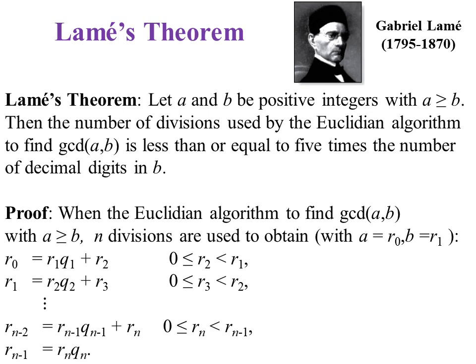Similarly, R1 will be expressed as R2 times Q2 plus R3, where R3 is the remainder. Similarly, Rn minus 2 is expressed as Qn minus 1 times Rn minus 1 plus Rn. Finally, Rn minus 1 is expressed as Rn into Qn, and our Rn will be the greatest common divisor.